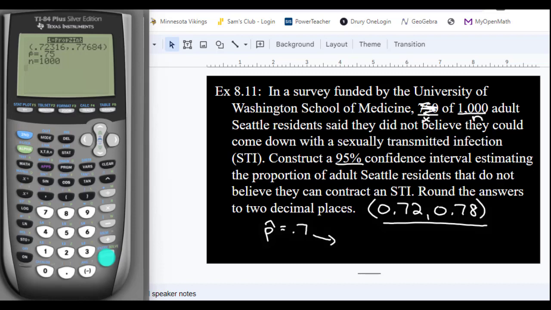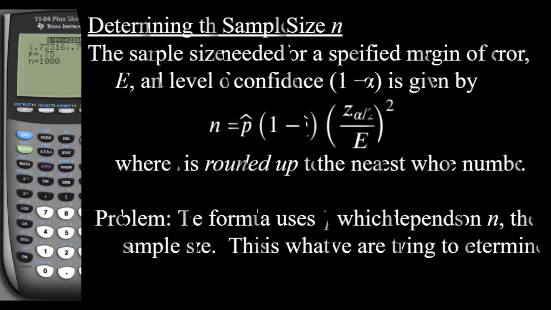So the way you get that x value is you're just going to take that 70%, basically, that proportion of 0.7, and multiply it by the n value of 1,000. And so for my example, that would be 700 people had that characteristic. So if they give you the p hat value and they don't give you the raw data number, that's how you can find that x value that you're looking for.